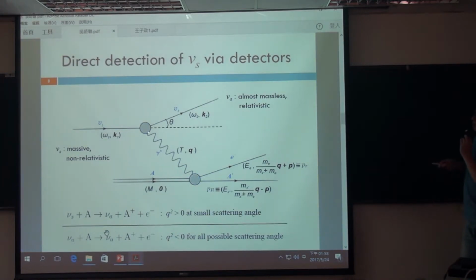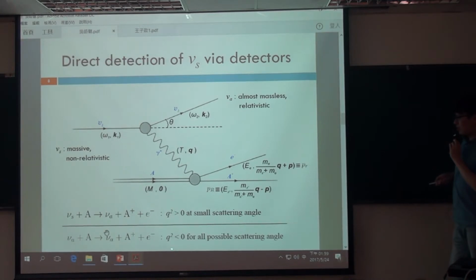So the sterile neutrino comes in, becomes a normal neutrino, and there's a virtual photon coupled to your detector, for example a germanium atom. This kind of detection is quite similar to neutrino scattering with detectors. But the major difference between sterile neutrino and normal neutrino scattering is that for normal neutrino scattering, the momentum transfer is always larger than the energy transfer.